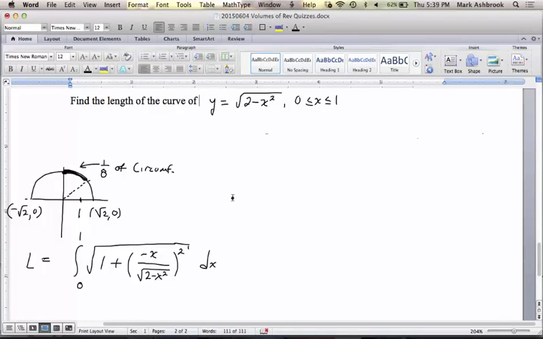Make sense? Okay, so this takes some work. So here we go. Ready? We're going to have from 0 to 1. We're going to square that first. So 1 plus x squared over 2 minus x squared. Good so far? So what do we want to do?